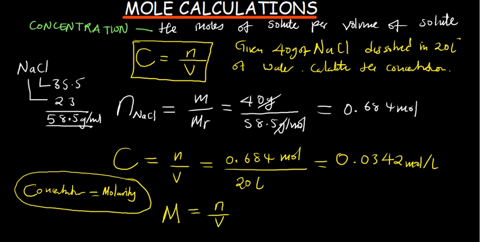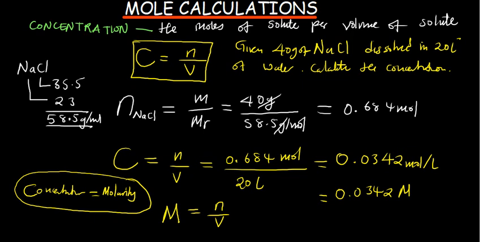So this answer that we've given here, because it is molarity, we can also write 0.0342 with a capital M. That's the unit for molarity, molar. So what are we saying?